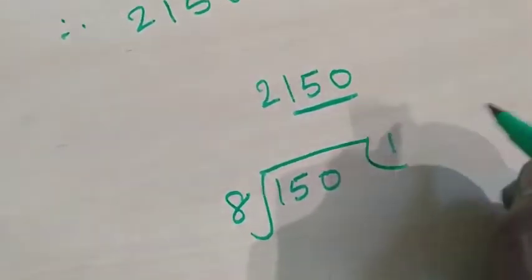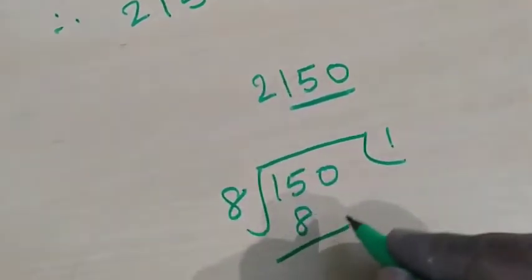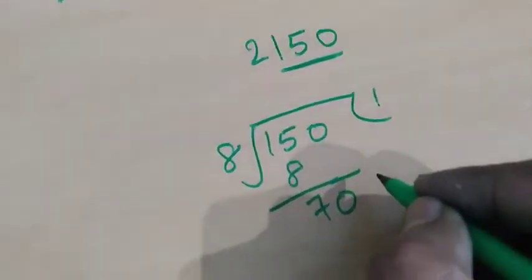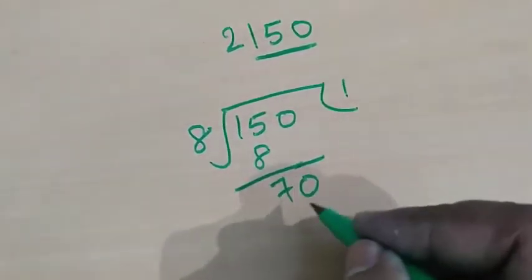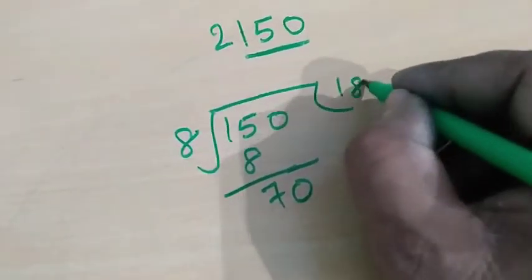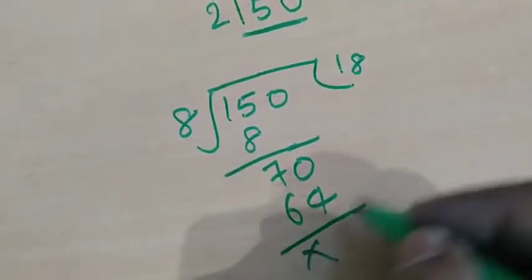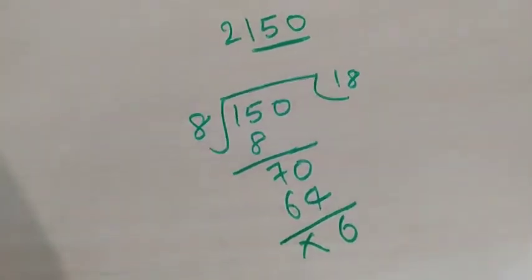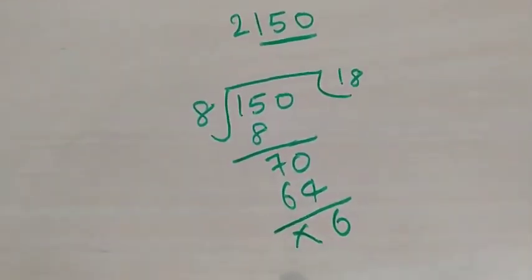How many times? 1. 15 minus 8 is 7. Bring down 0, so it becomes 70. 8 8s are 64. You can see the remainder is 6. So this number is not divisible by 8.